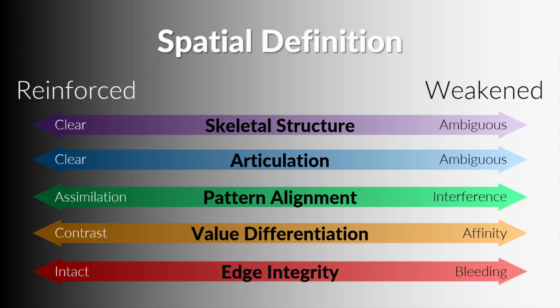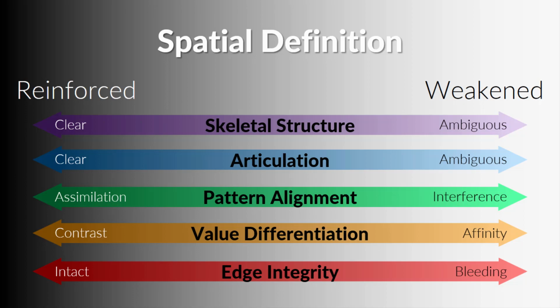And finally, edge integrity. If the edges of our defined space are more intact, it creates a stronger sense than if the shapes bleed over. Let's go a little more into how each of these are done.